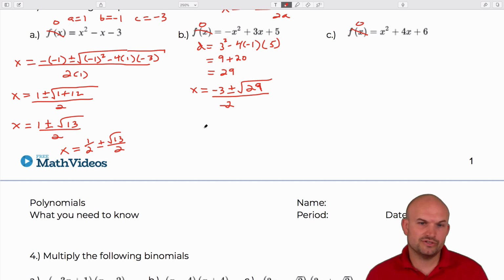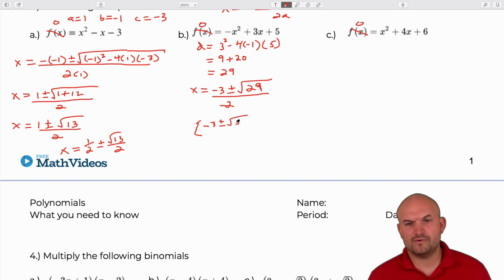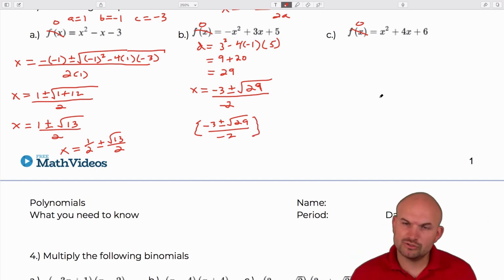And if I wanted to write this as a solution, I could just do negative 3 plus or minus the square root of 29 over negative 2. Okay, so you could just write it as a nice little solution set there as well.